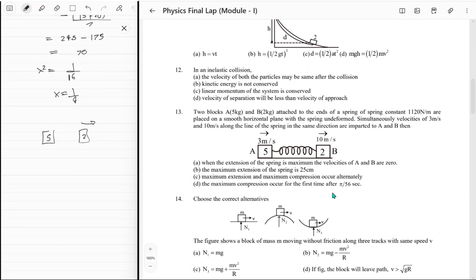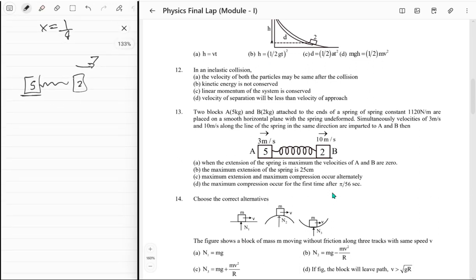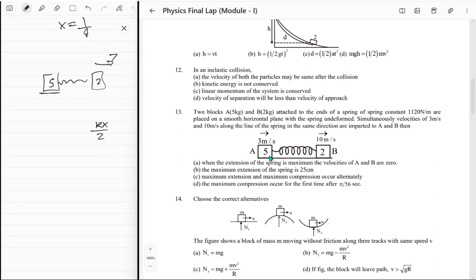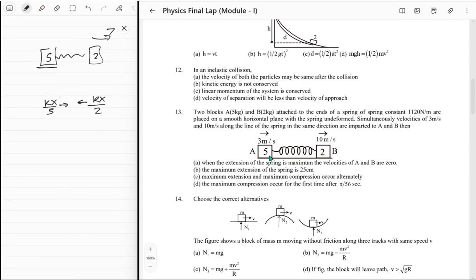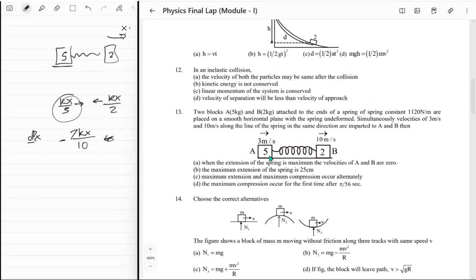Actually I was moving with respect to this 7, right? At any given moment when its extension is x, what's the acceleration of 2? The acceleration is going to be kx upon the mass, which is 2, and the acceleration of this one is kx upon 5, but this one in this direction and that one in this direction, right? So with respect to this guy it's actually like kx times 7 upon 10, sorry, 7kx upon 10, in this direction. So basically the negative of that is equal to d square x upon dt square, right?